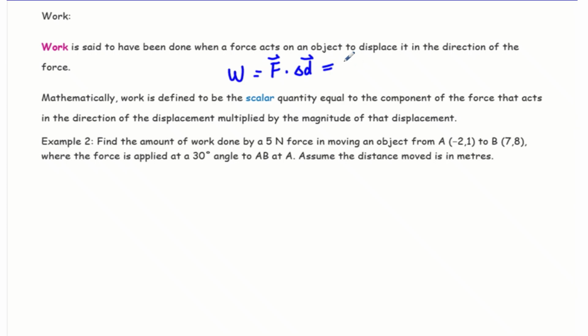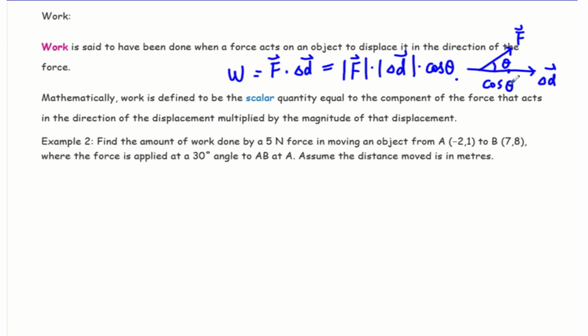If we write it in magnitude, it is F magnitude times displacement magnitude, and the work is along the direction of the displacement. So this is adjacent, so it's cosine. The dot product is cosine, the cross product is sine.